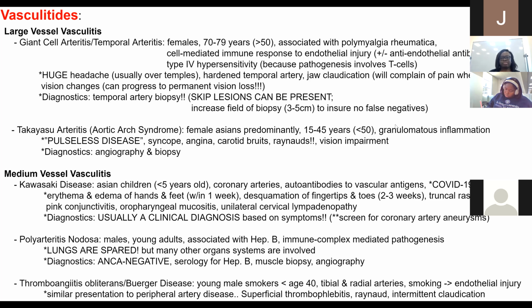Next, you have Takayasu arteritis, also known as aortic arch syndrome, right? Predominantly Asian females, usually less than 50. We have granulomatous inflammation. So what kind of hypersensitivity do we think we have in this one?